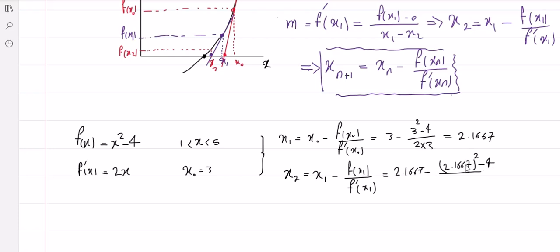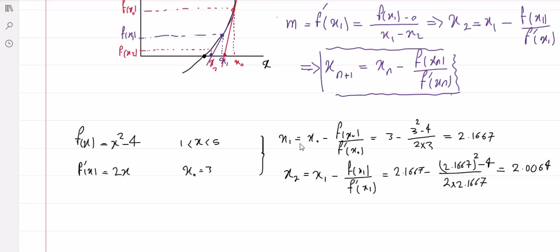We just substituted this value of x1 into our f of x divided by 2 times 2.167, which would get us the value of 2.0064.